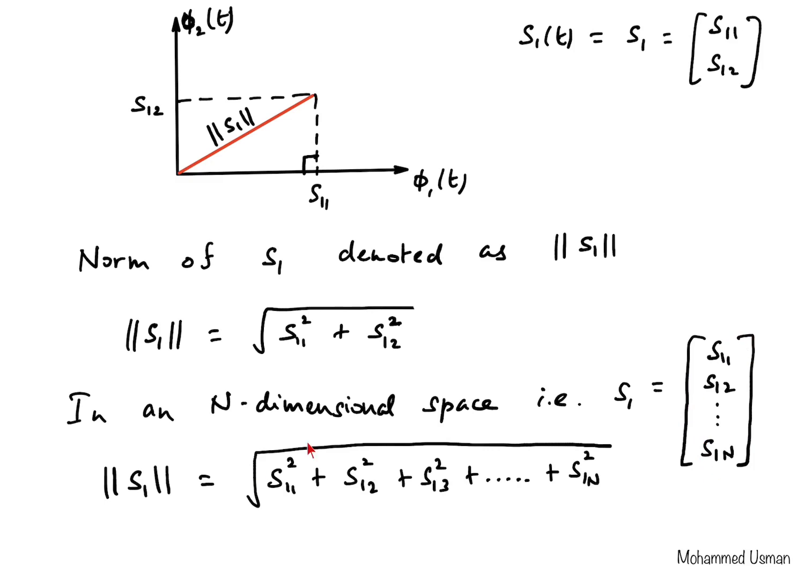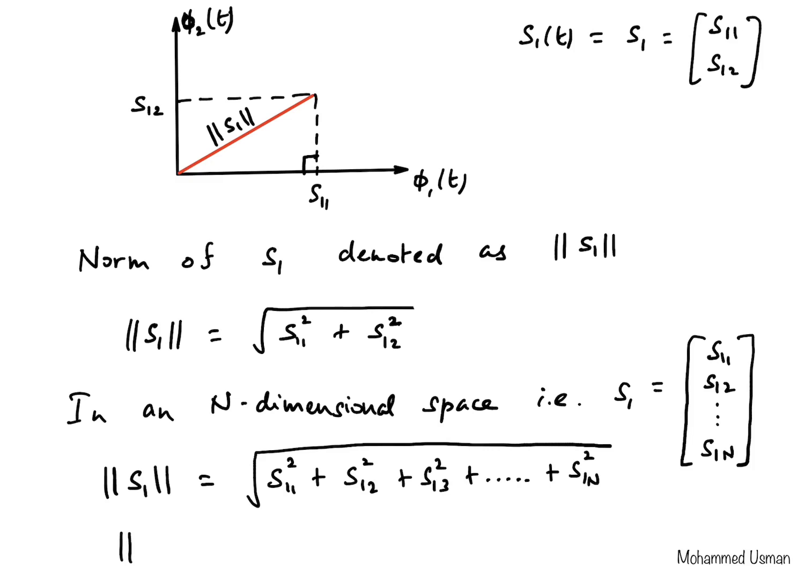Similarly for S2, whatever the vector elements, it will be S21 square plus S22 square plus S23 square up to S2n square under the root, right? So that is our representation for the norm of the vector, or in other words, we can write this more compactly for any signal Si of t represented by its vector Si.